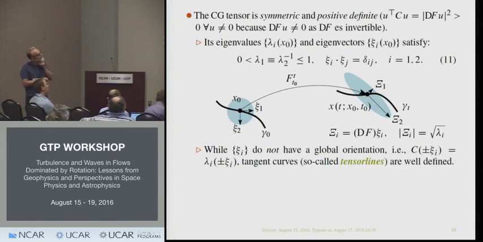These things do not have a global orientation because they don't have intrinsic sign or magnitude. But the curves which are tangent to the vector fields are well defined, and in the visualization community these are called tensor lines. So we don't talk about a vector field, but we talk about line fields.